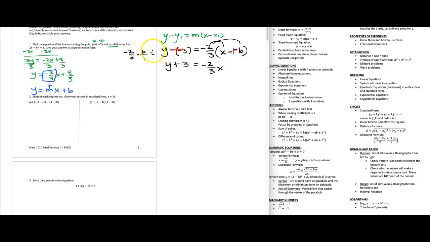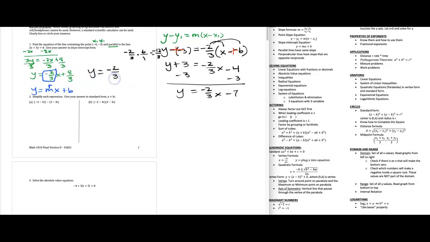We're just multiplying across the top, negative 12 on the top, 3 on the bottom. And so that reduces to negative 4. And then we just need to subtract that 3 over. So then we end up with y equals negative 2/3 x minus 7. And that is going to be the answer for this.